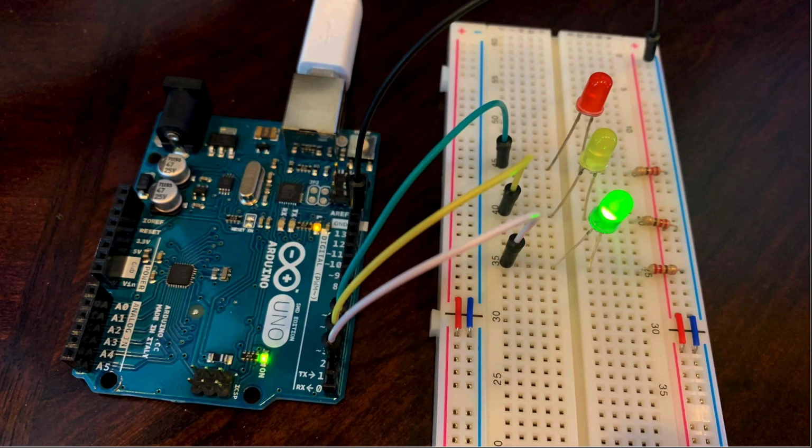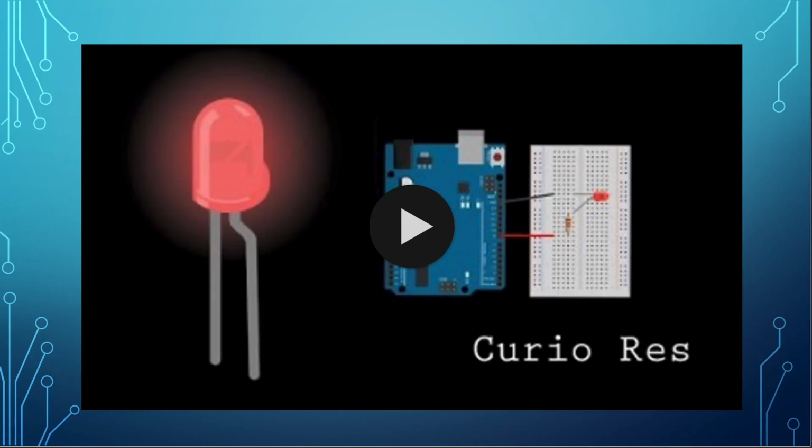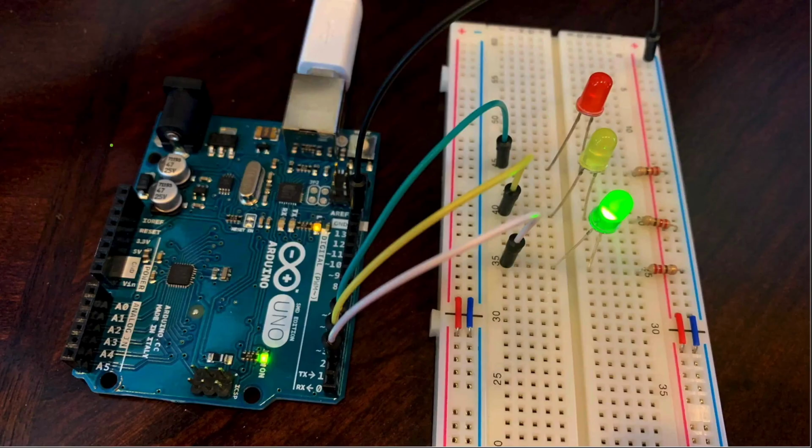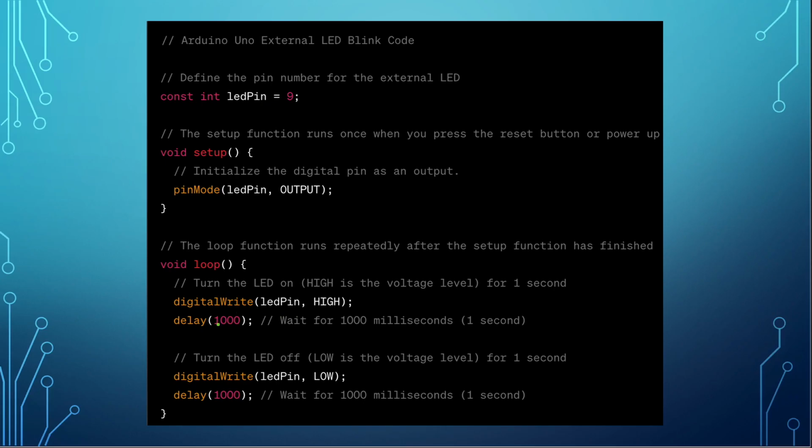Isn't it? If we can control the frequency of each of these bulbs, right? We talked about it here in the code. Here it has 1 second, we talked about it.